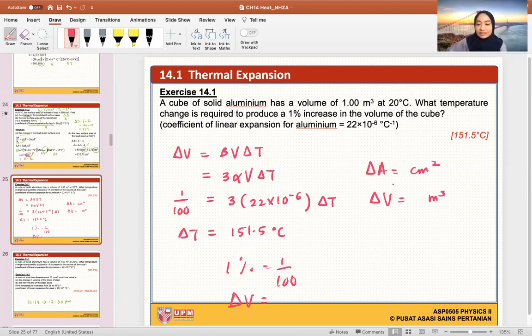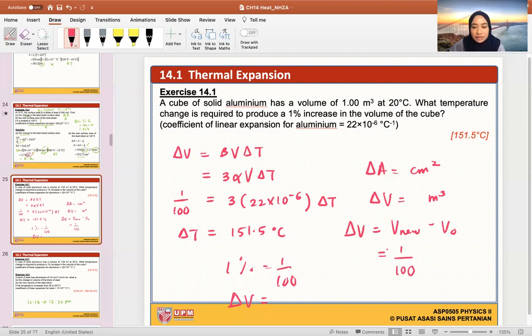Okay, saya cerita. Delta V is the change, right? Delta V is equal to V new tolak V naught. Dia akan jadi a change in 1%, right? So 1% ni Reda cakap is 1/100.